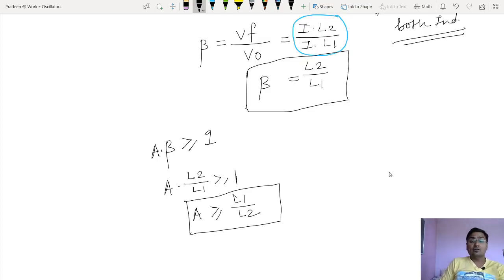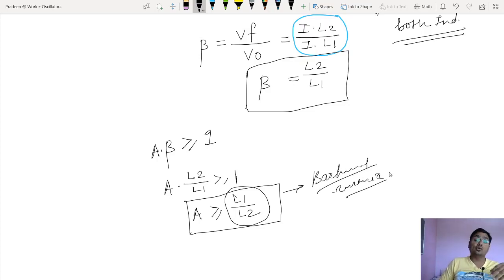The gain of your amplifier must be greater than or equal to the ratio of the inductors that you are connecting in the feedback network. I'm getting this from Barkhausen's criteria. If I want to satisfy Barkhausen's criteria, one thing you need to keep in mind is that the gain of your amplifier must be greater than or equal to the ratio of inductors that you have connected.